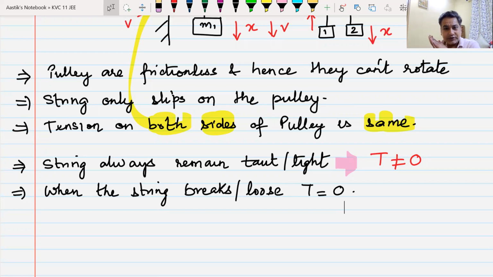Tension on both sides of the pulley will remain same, and string always remains taut or tight. It does not break unless and until someone makes a question where it breaks. Do we understand this, or is there any doubt on this?